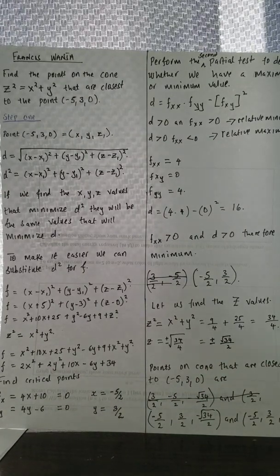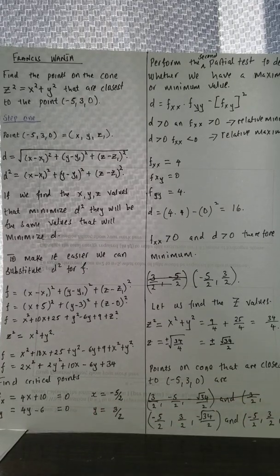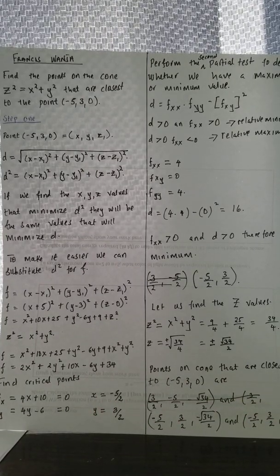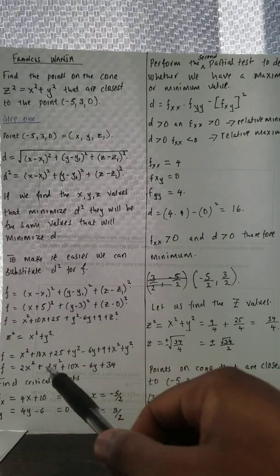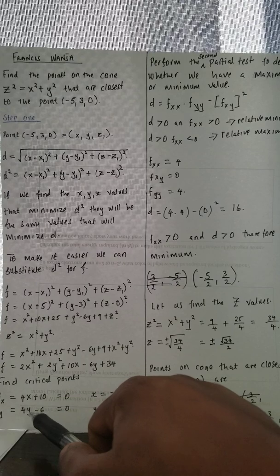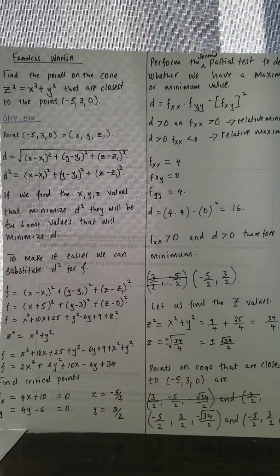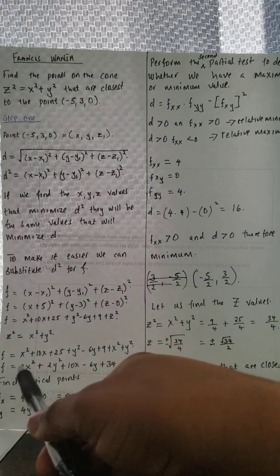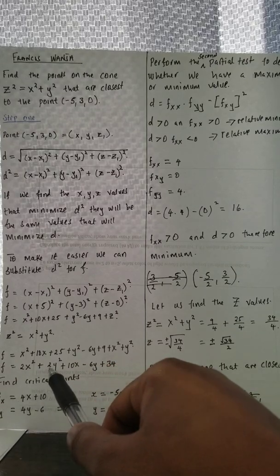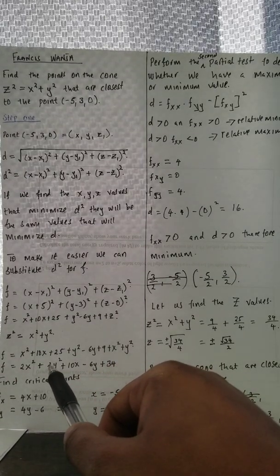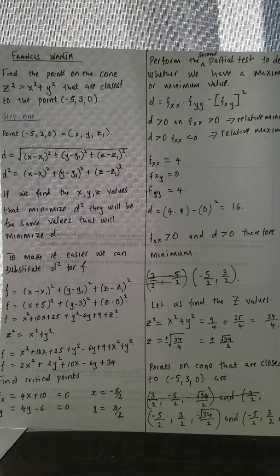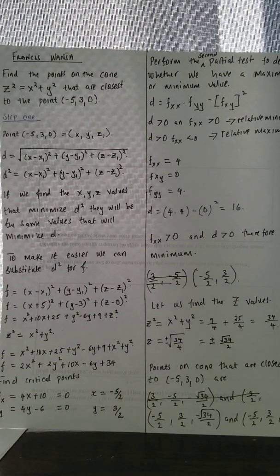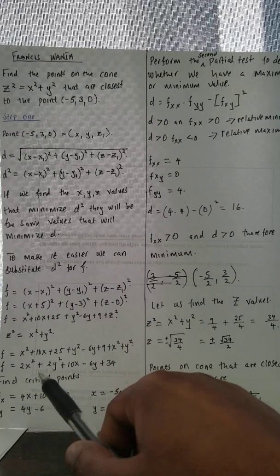At this point, the next thing we need to do is find the critical points. We do that by finding the partial derivatives of this function with respect to x and y and equating them to 0. The partial derivative with respect to x means we evaluate everything with respect to x, so y is a constant.